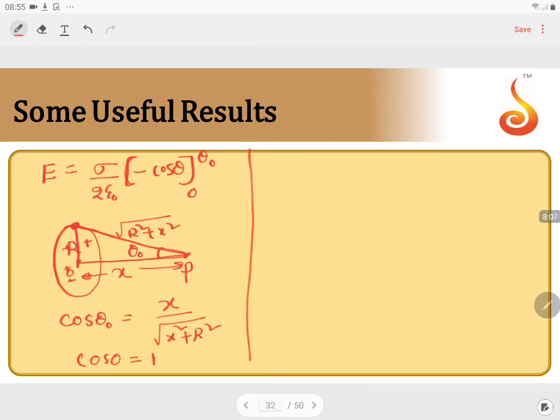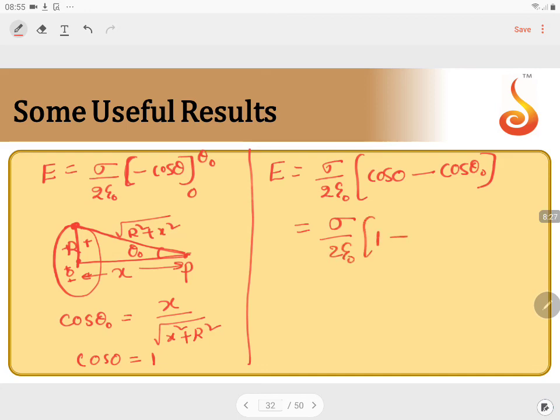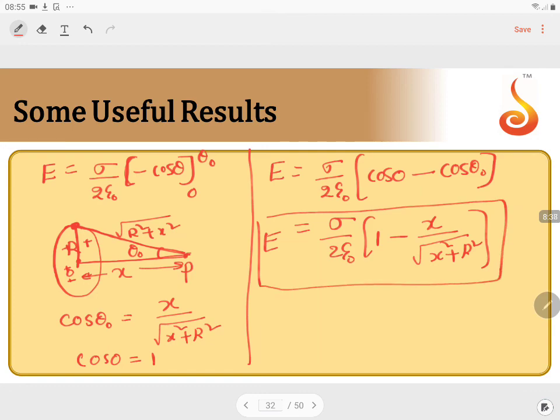Now if we substitute those limits, to avoid the negative sign you can interchange the limits. So E is equal to sigma by 2 epsilon naught, cos 0, the lower limit, written first and then the upper limit: sigma by 2 epsilon naught into 1 minus cos theta naught, where cos theta naught is x by root over x square plus r square. So this is the electric field at a point on the axis of a uniformly charged disk.